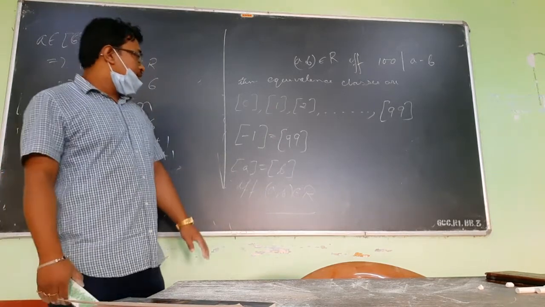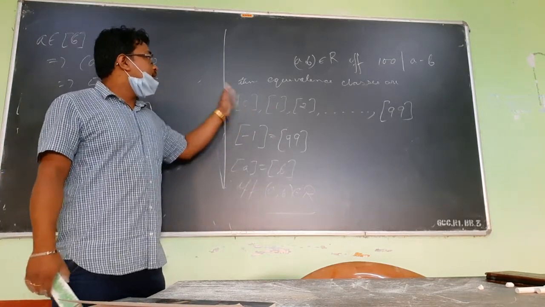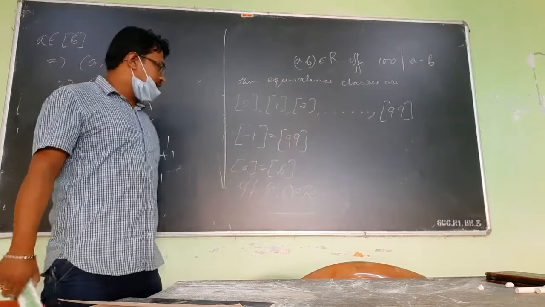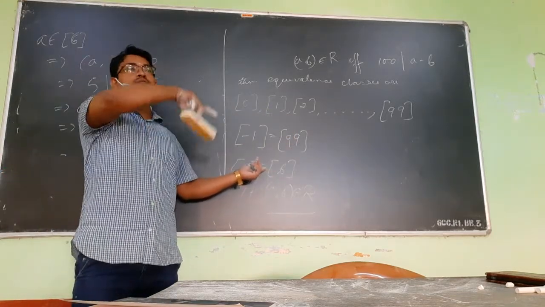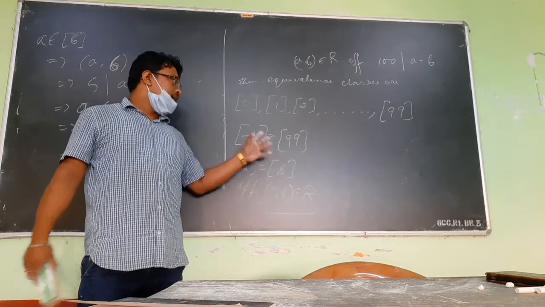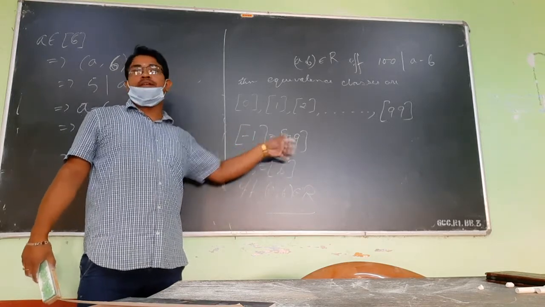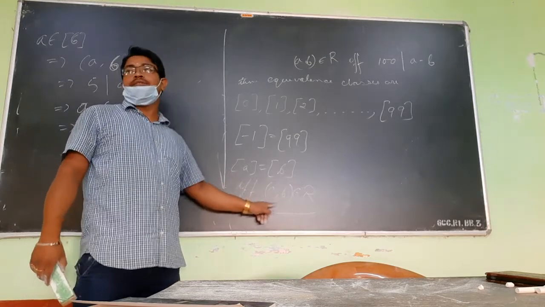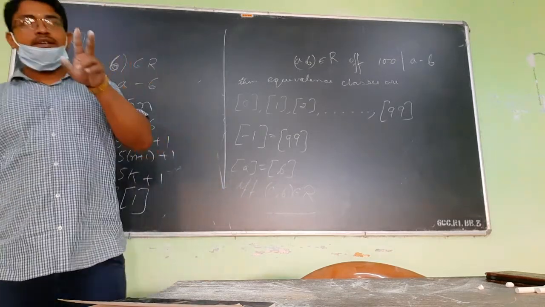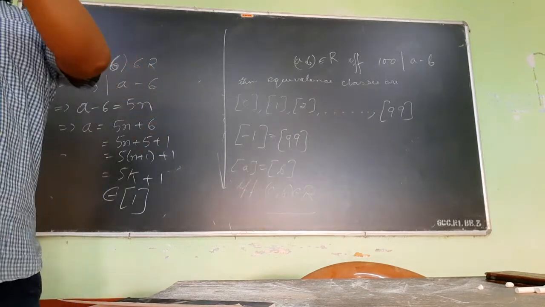So we are actually dividing the set into several classes, and there is some similarity between the members of a class. What is that similarity? They are related. Whenever two elements are related, they are placed in the same class.